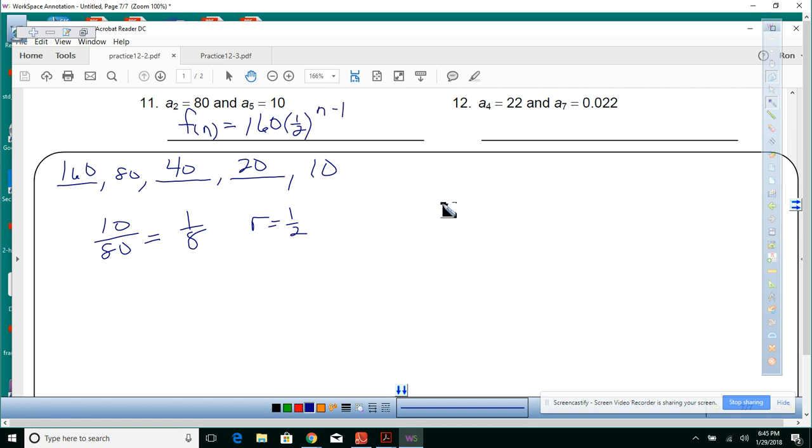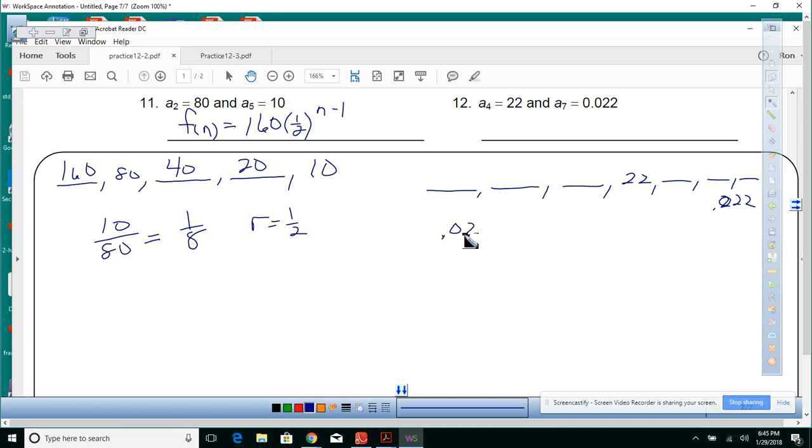Number 12. Oh, wow, look at this. 1, 2, 3, and then 22, 4, 5, 6, and then 0.022. You seen a pattern there? All right, so let's see.